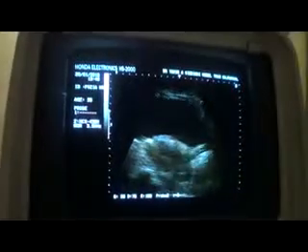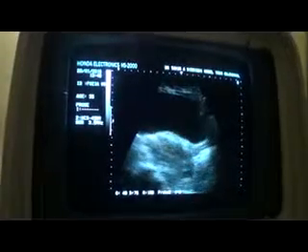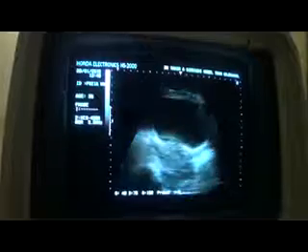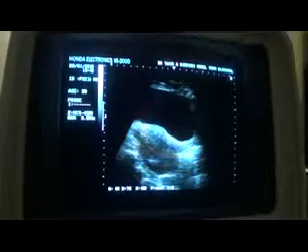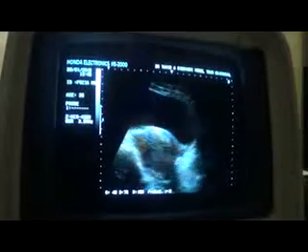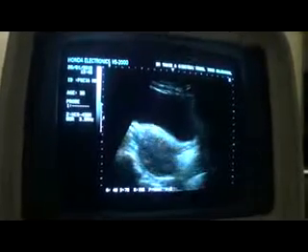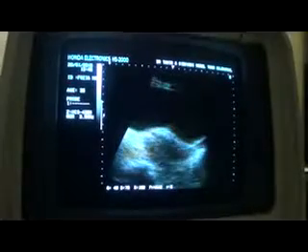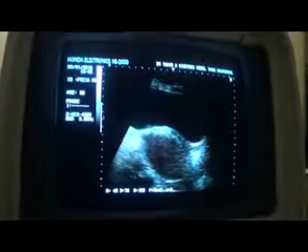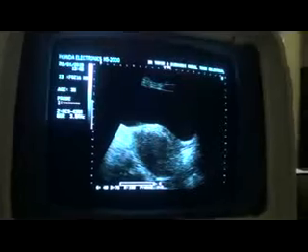And this ovary is unremarkable. So this is another case of the day relating to the fibroid of the uterus, relating to the posterior wall, posterior myometrium, and extending into the pelvic cavity. Thank you very much.